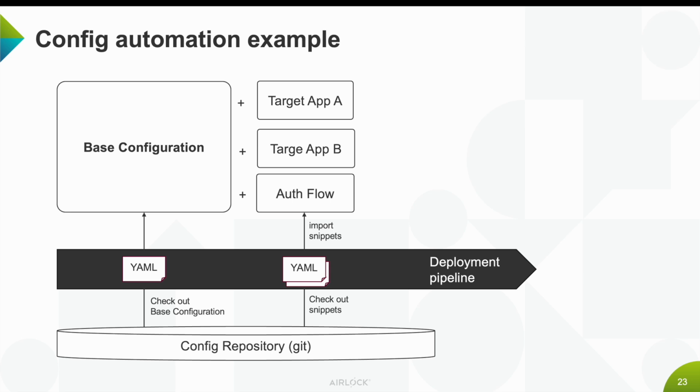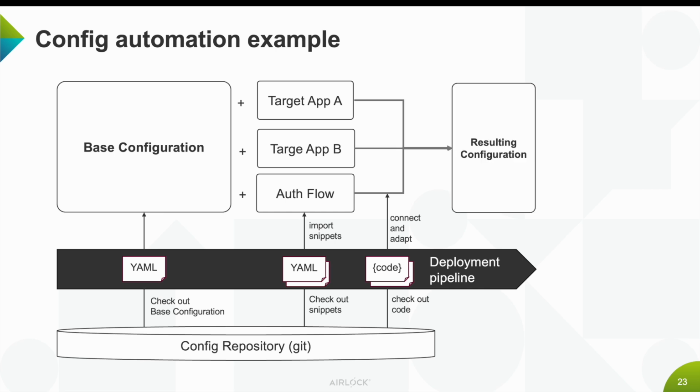Import them using the snippet import CLI, then check out some code that sticks together all the plugins and manipulates the resulting configuration. Then you would probably validate the configuration before actually deploying it to some IAM.